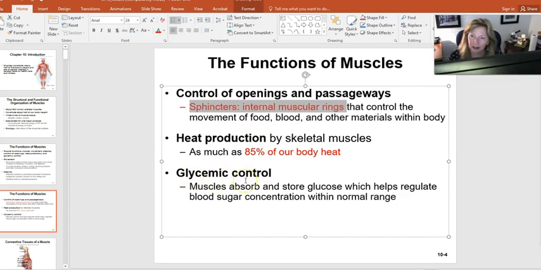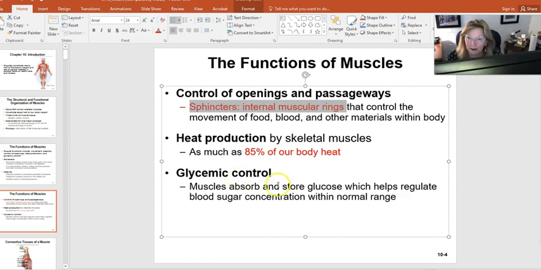And also glycemic control. We remembered from early on in our studies in the first week, we talked about glucose homeostasis. We said that once you eat a meal, the carbohydrates, some are used immediately, but some are converted to glycogen. Glycogen is a storage molecule of glucose that gets sent to muscles, which we're seeing here, and the liver.